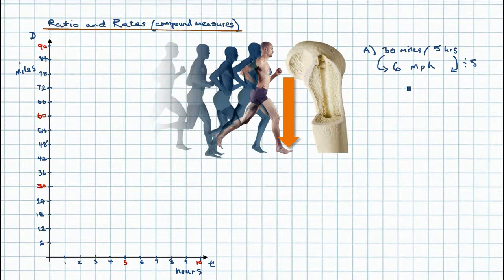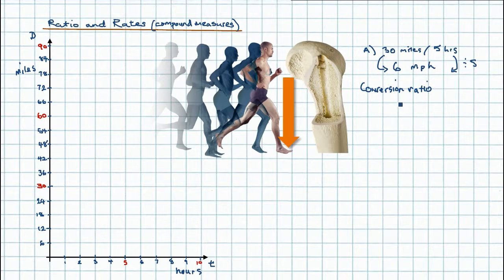Now the other way that ratios come in here is if we're converting. So let's say we want to convert miles per hour to meters per second. Okay. Now what's the unit conversion for miles to meters? Well, we need to know the conversion rate, or conversion ratio, for miles to meters, or meters to miles.